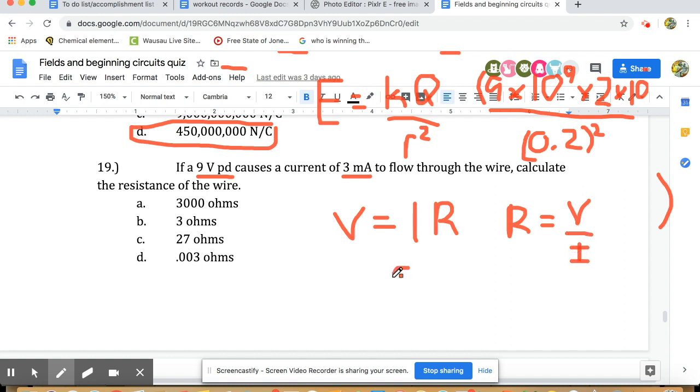V is 9, and I is going to equal 0.003, because that is converted to amps, because 3 milliamps is 0.003 amps. 9 divided by 0.003 is indeed 3,000.